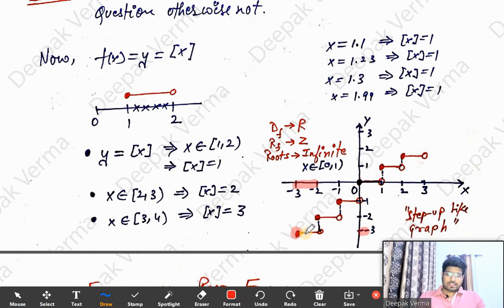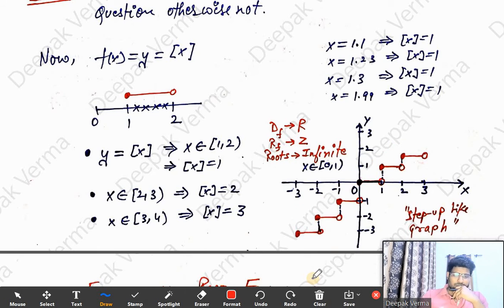So -3 is included here. Got it? So finally we get a graph like this. So you can see the graph is like what? Step-like graph. Therefore we also call it a step-up graph. Steps are formed, you can see.